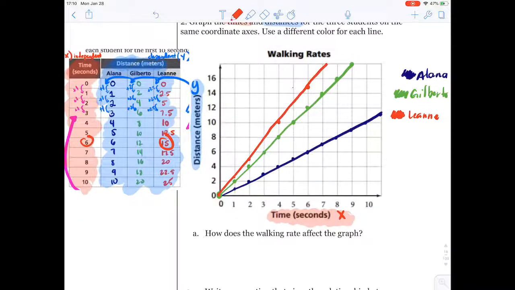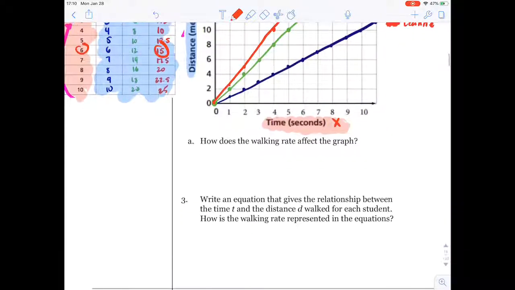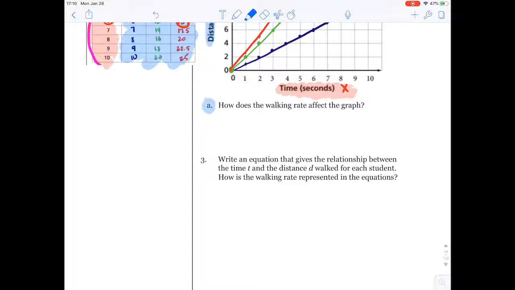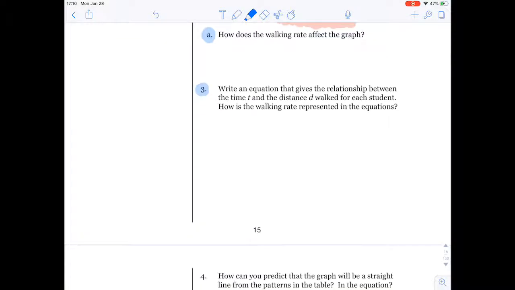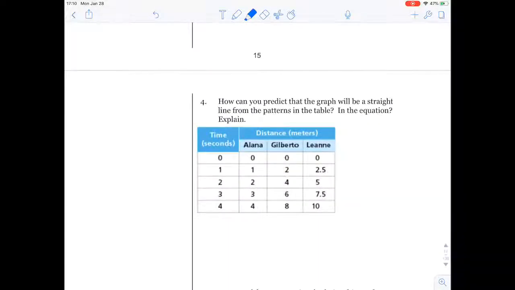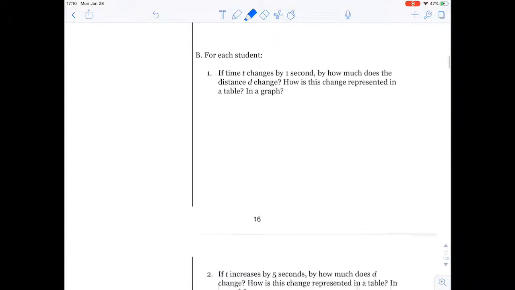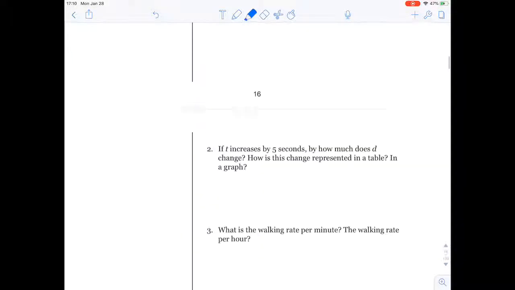I skipped every other because it was hard to find those other points. Okay, so you're going to be working on questions 2A and then 3, and then, where are we, 16? Yeah.